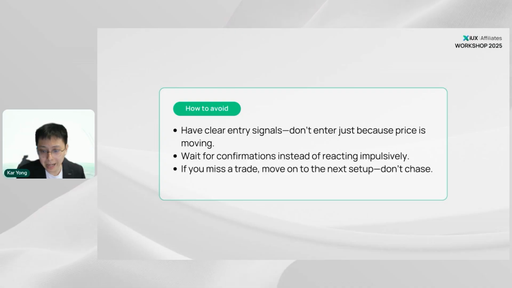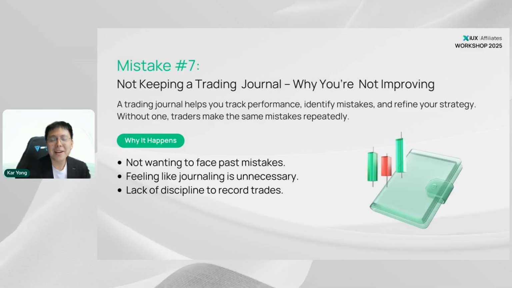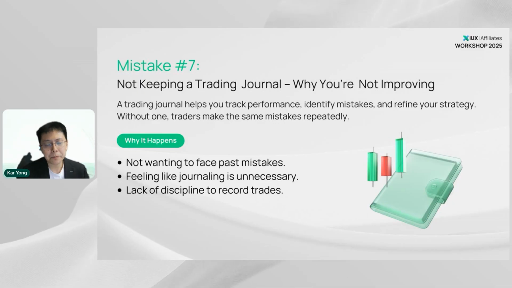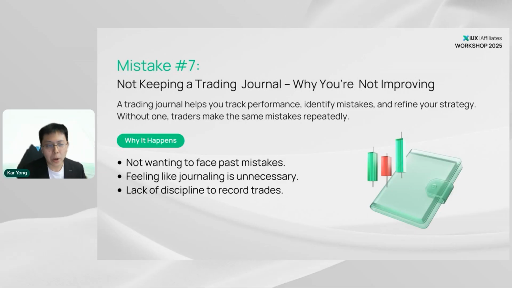Okay, so hopefully that's clear, yeah? The last one I want to cover in terms of the mistakes is not having a journal, or today a lot of traders are tracking the wrong things. Now when we mean journal here, it's not so much about writing down where your entry point is, where your stop loss is, what's the result.